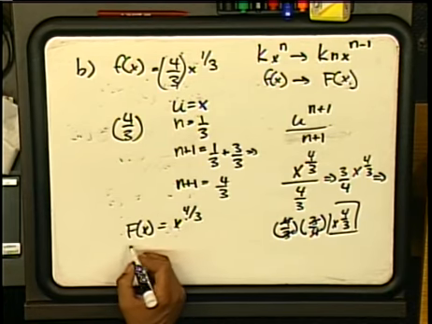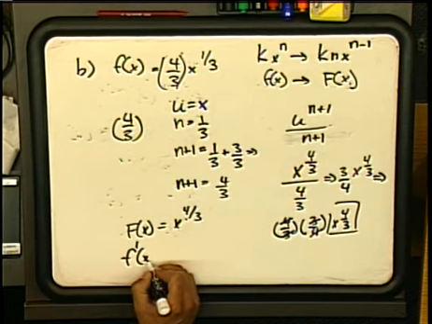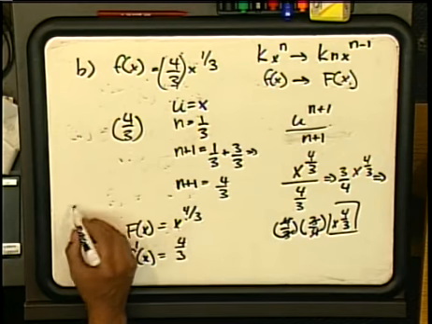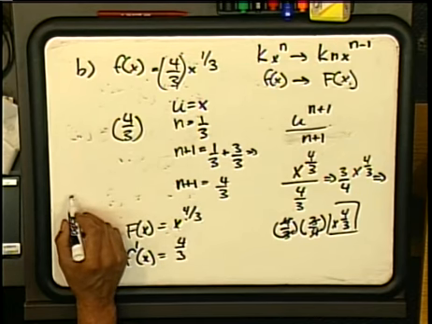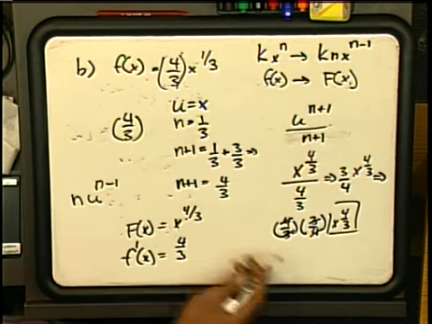And so if we want to check it, take the derivative of that, which is 4/3. The derivative is n to the u n minus 1.